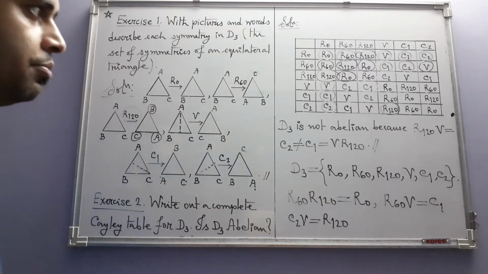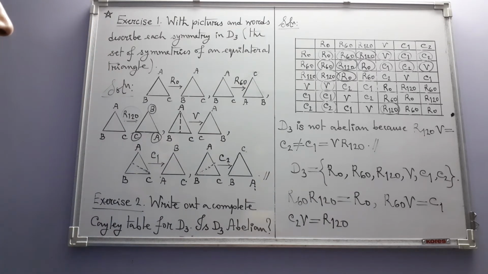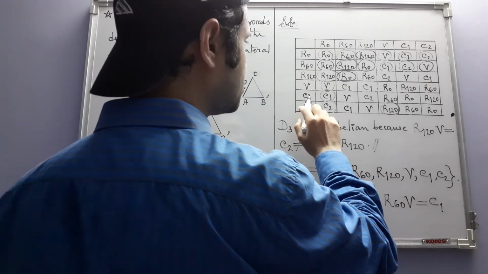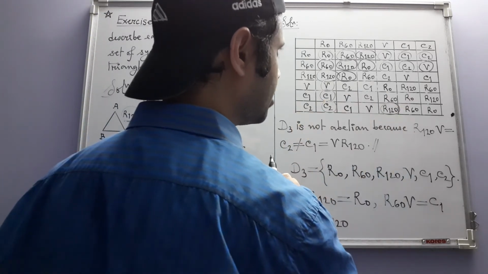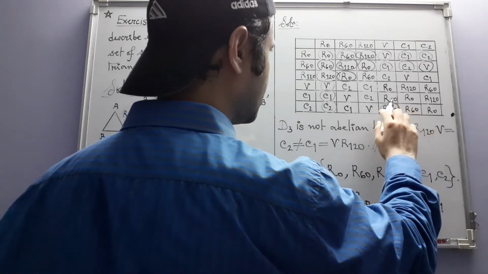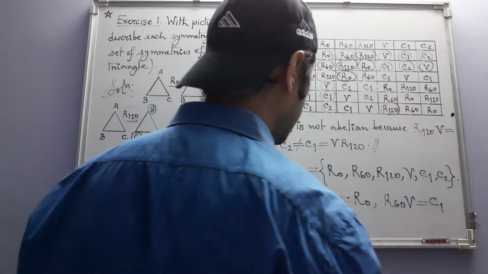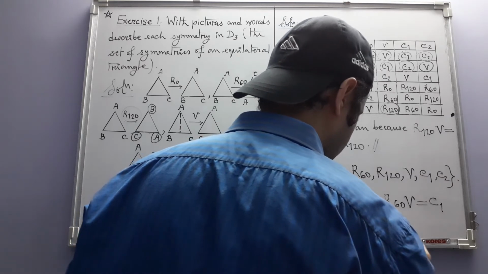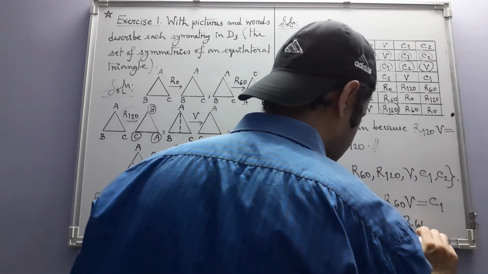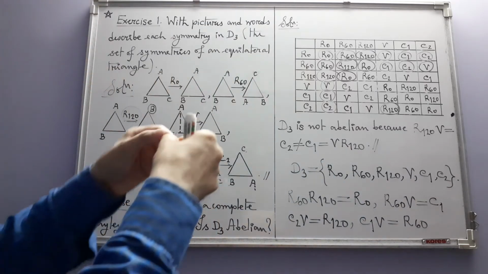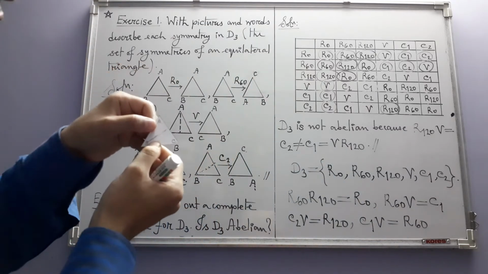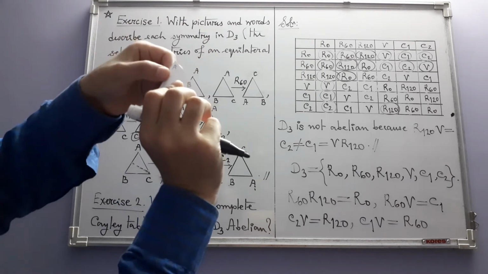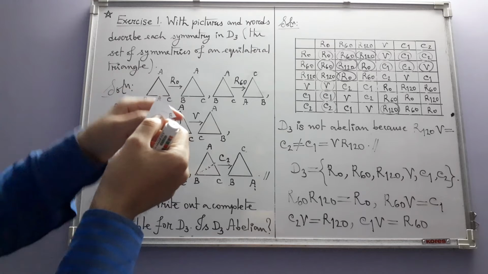And one more. Maybe say C1 V. How is it R60? C1 V. So first we perform V, this, and then C1.